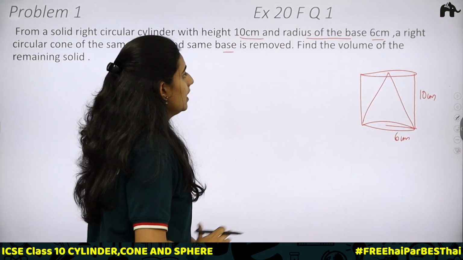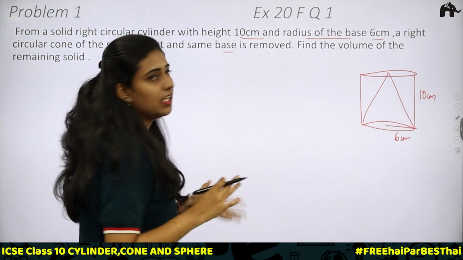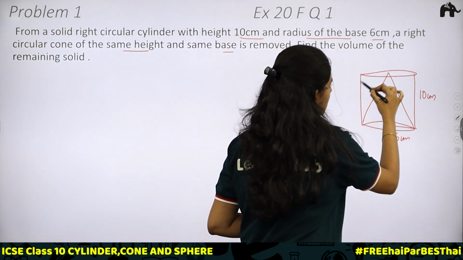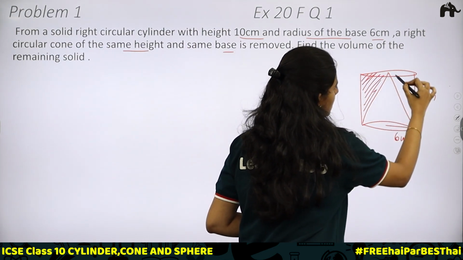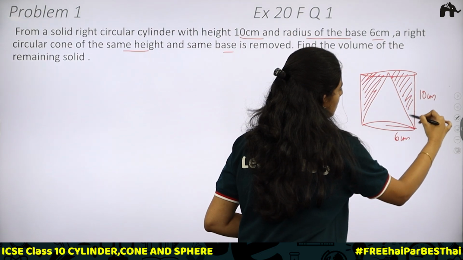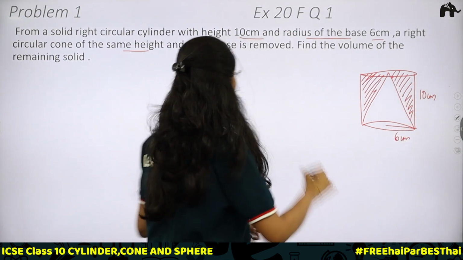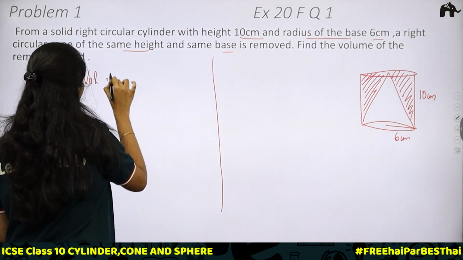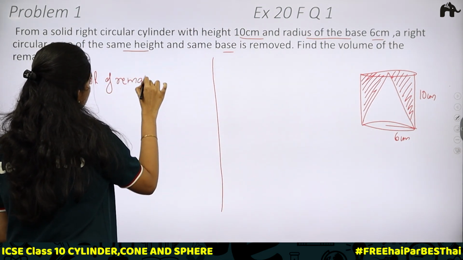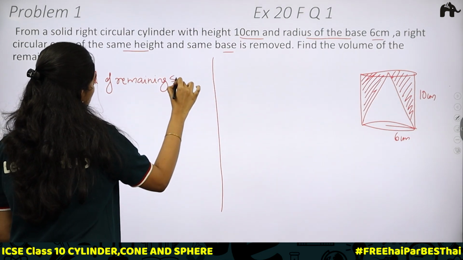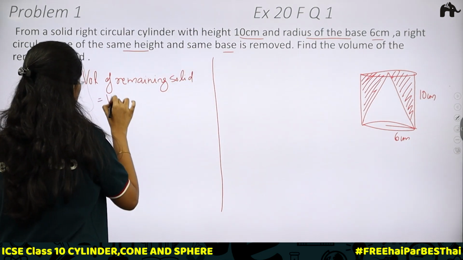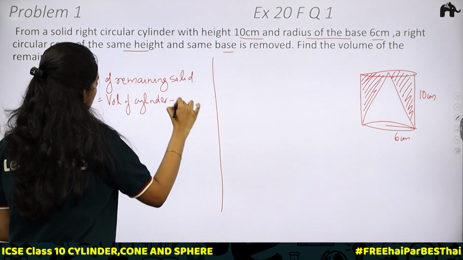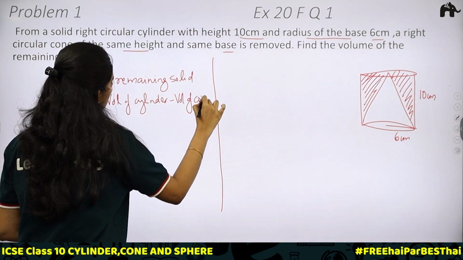Okay, we need to find the volume of the remaining solid. From the cylinder, this portion is removed. Remaining solid, that is this shaded region, gives us the remaining solid volume. Therefore, we will be having volume of remaining solid equal to volume of cylinder minus volume of cone.